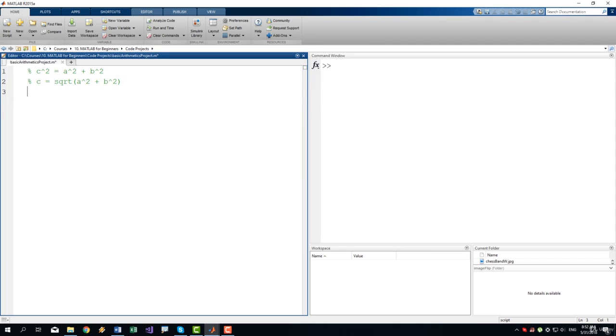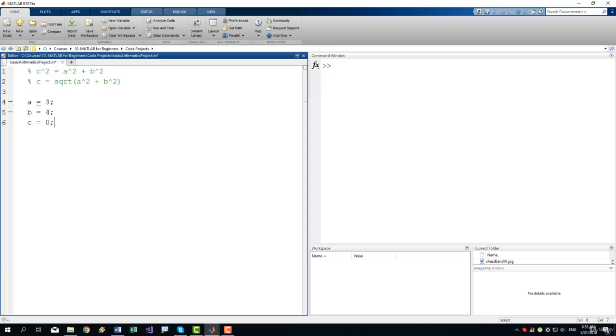So let's start with defining our variables. We have three variables, a, b, and c, the three sides of a triangle. By the way, this theorem works only for a right-angled triangle. So we have a, b, and c. We are looking for c. So we have a and b. Let's say that a is 3, b is 4, and we are looking for c.